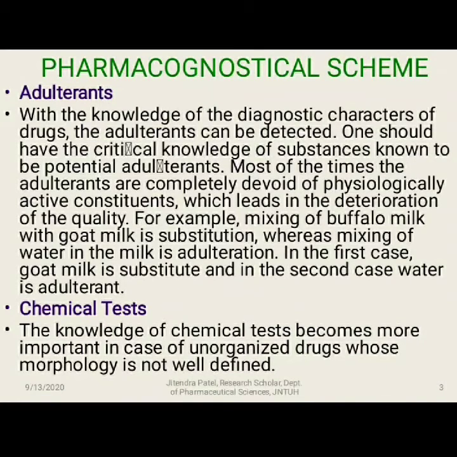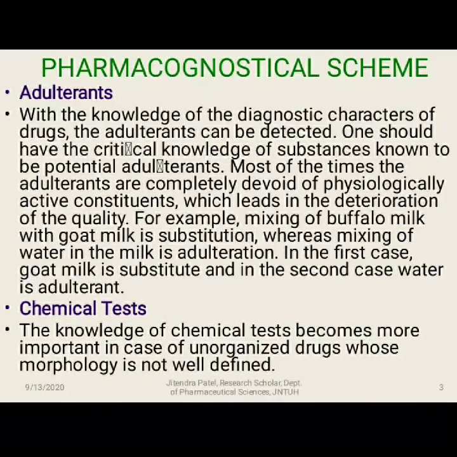Here in the example you can see buffalo milk with goat milk, it is a substituent. Suppose buffalo milk is not available, so in the name of buffalo milk we sell goat milk, thinking that it is buffalo milk. That is substitution, a complete replacement. But when we mix water into the buffalo milk and the quantity increases, suppose to 10 liters you add 5 liters of water, it becomes 15 liters of buffalo milk.